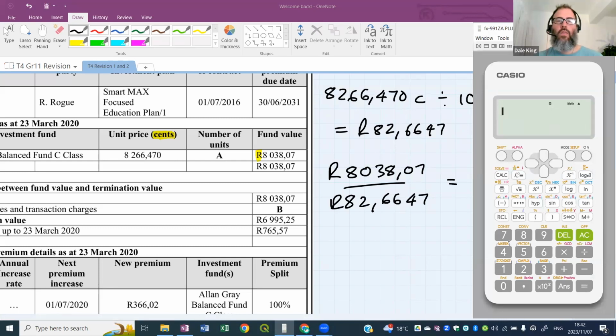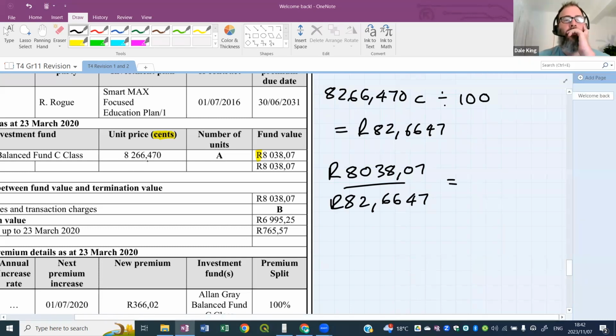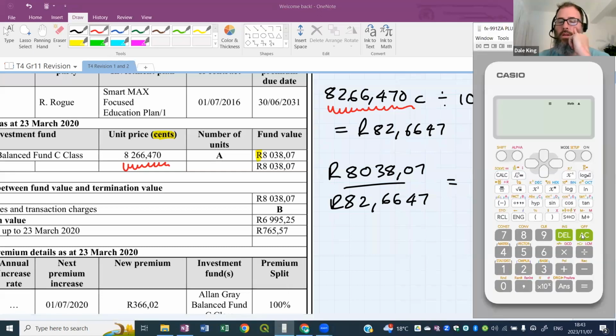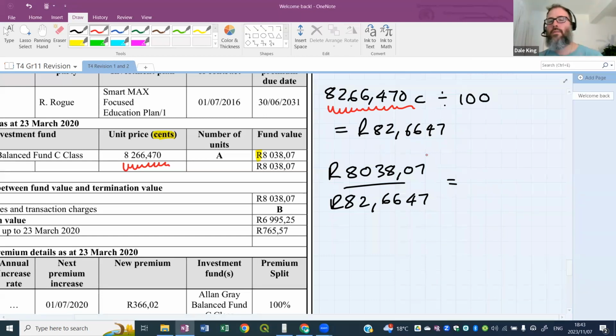I'm checking this number here in the document, 8266470. Let me check my calculator. Maybe there's a mistake there. Divide by 100. 8266470 divided by 100 is 82664.7. Yeah, it's good.